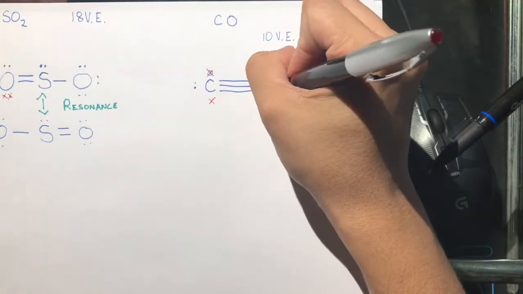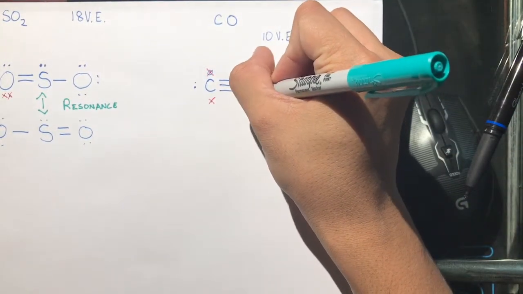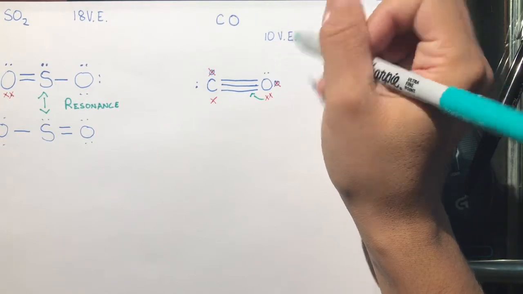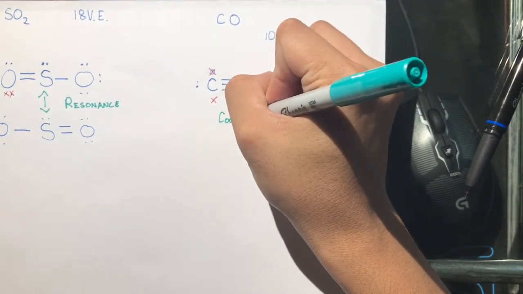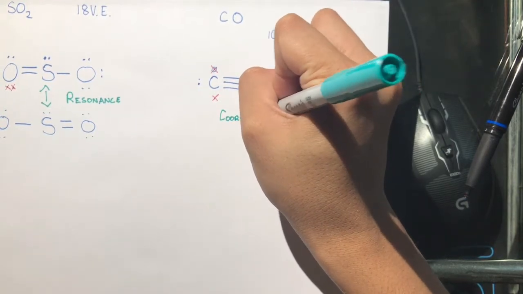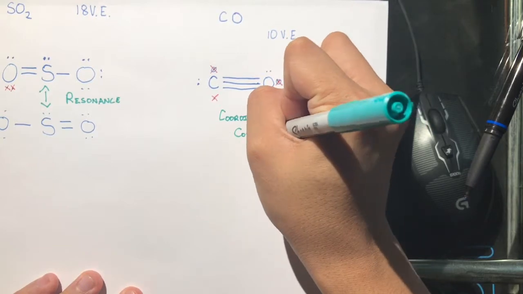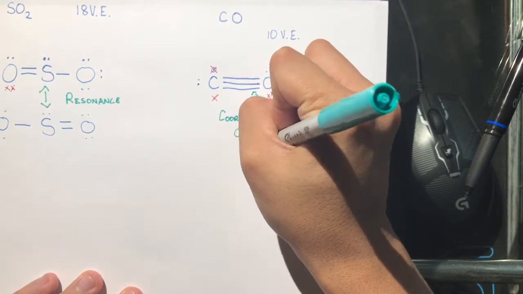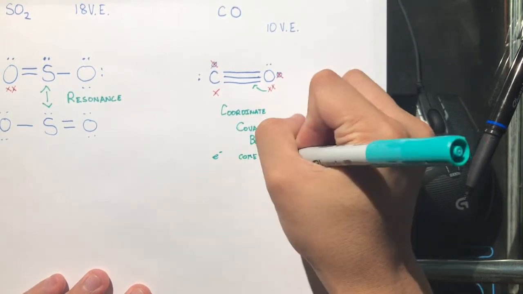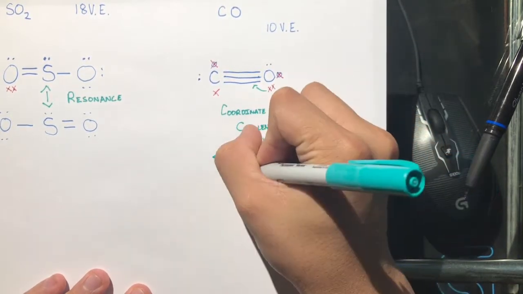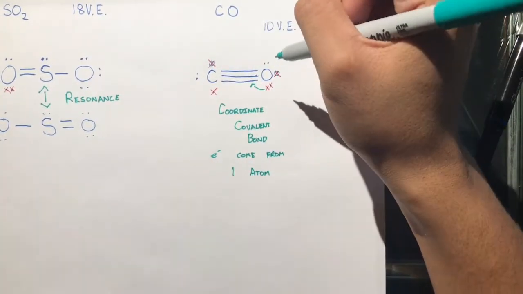Okay, now the fact that these electrons came from just 1 atom, we call this a coordinate covalent bond. And all that means is the electrons come from 1 atom. So the electrons from this bond came from the oxygen.